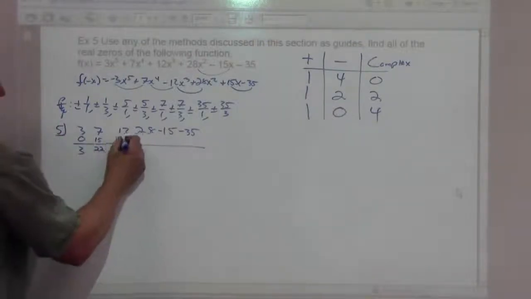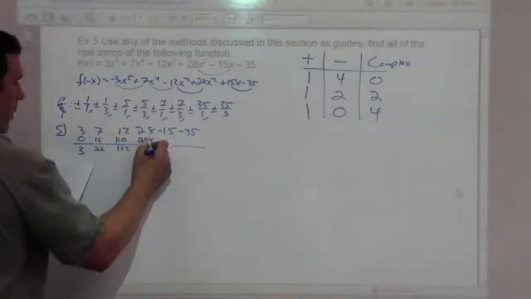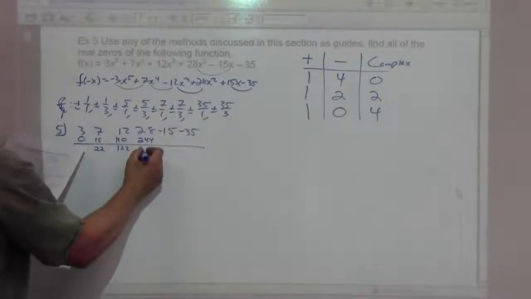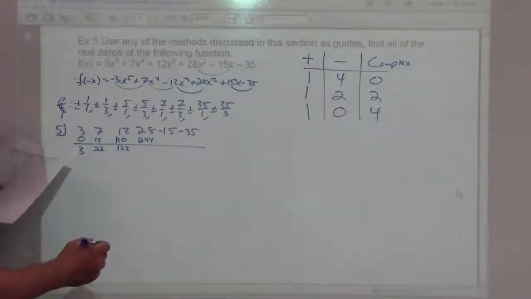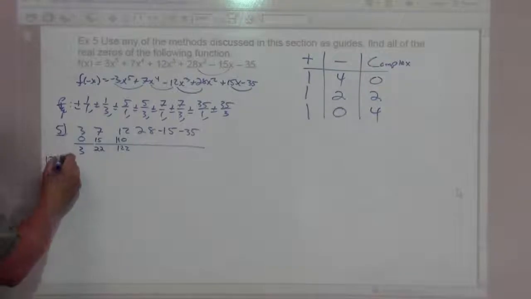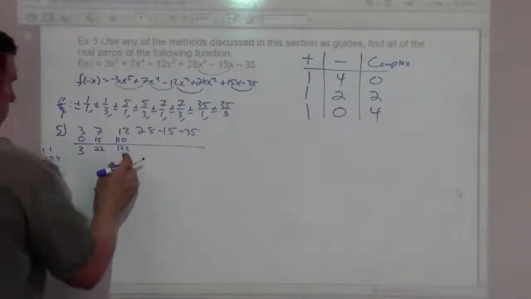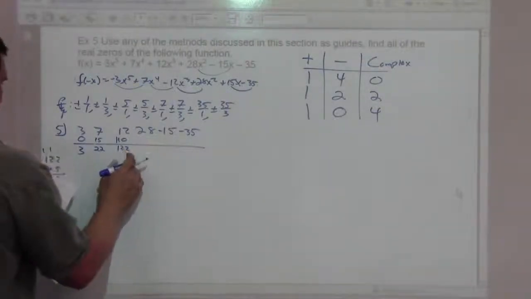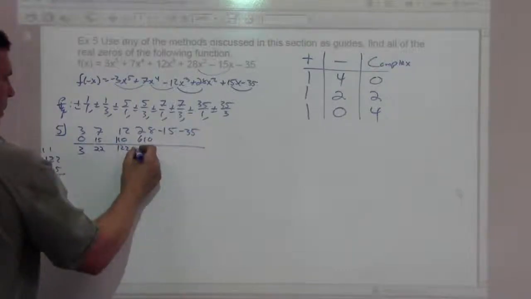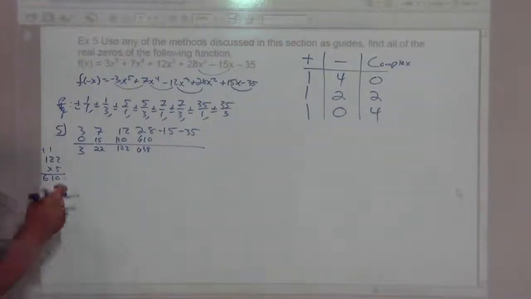Okay, that's going to be 110. Ooh, this is getting big. 122. 5 times 122 is 610. Then we're at 638. I think we see this is not going to go negative on us.